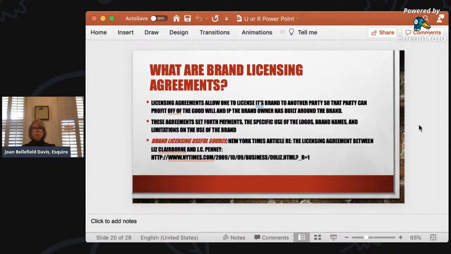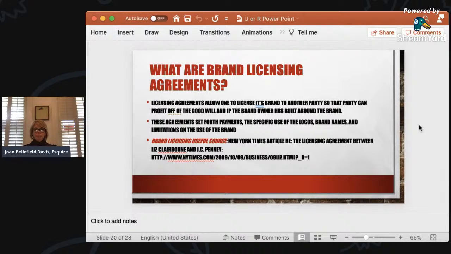One of the things that's so important in licensing agreements is maintaining the integrity of the brand, because if you don't draft an agreement that looks out for your client, their brand could get out there. It could be sold in places they don't want it sold.